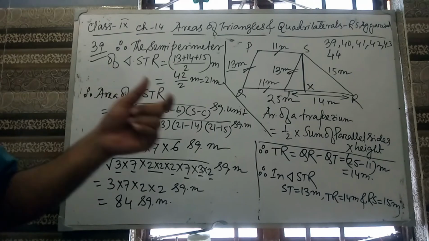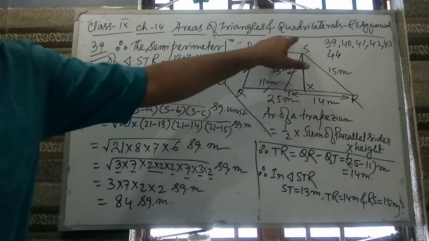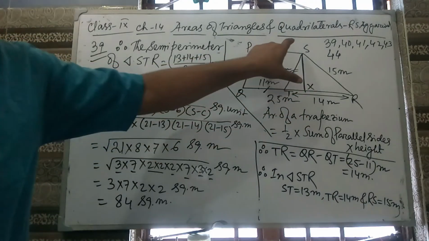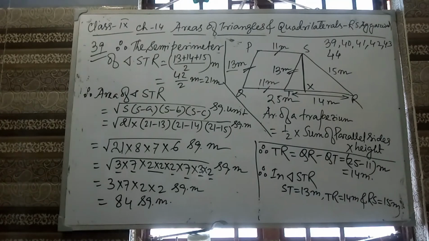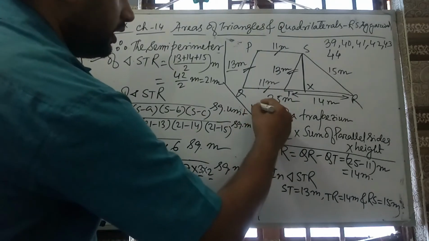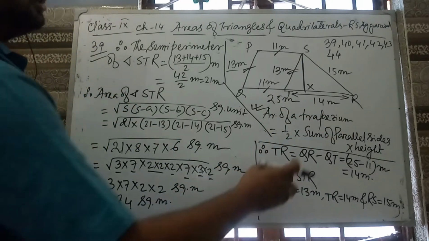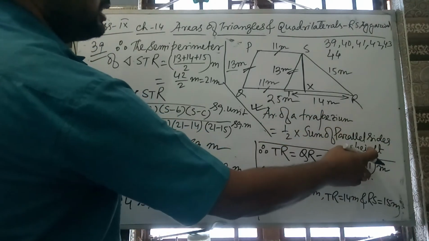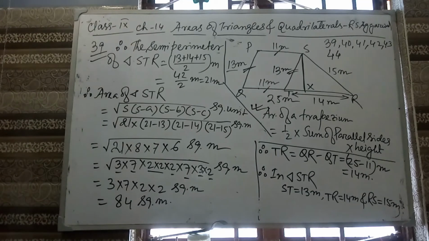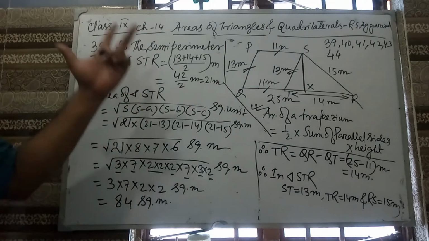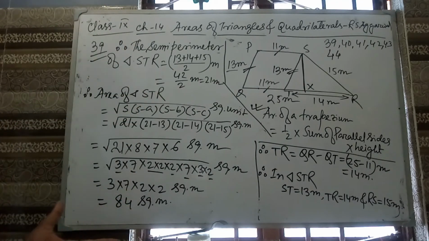From that equation, you will get the value of SX, which is the height of the parallelogram, and which we will use to find out the area of the parallelogram. Half into sum of parallel sides into height. Okay, that's why you have to do so many things.